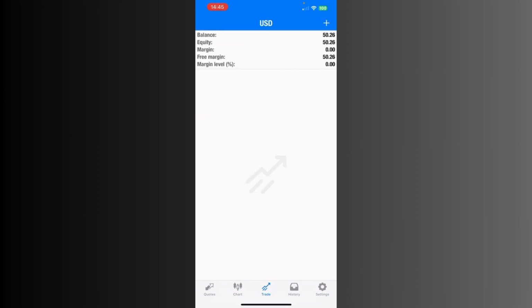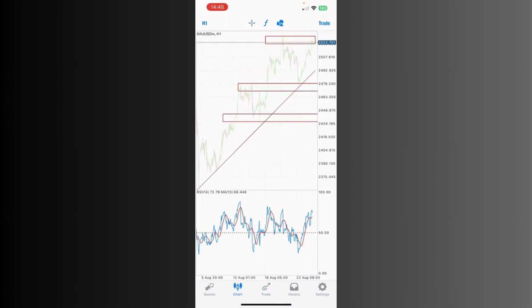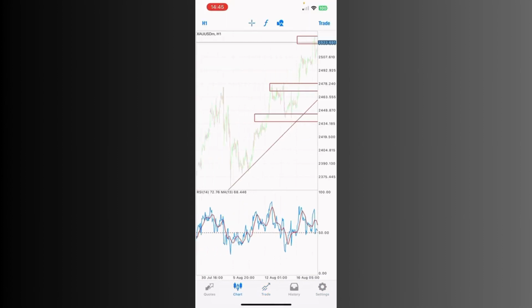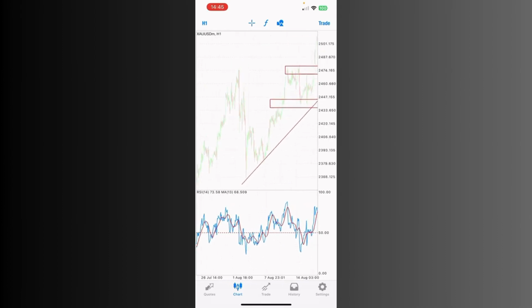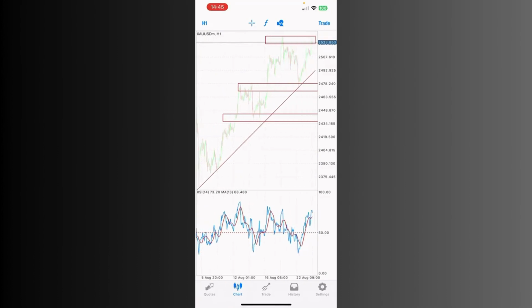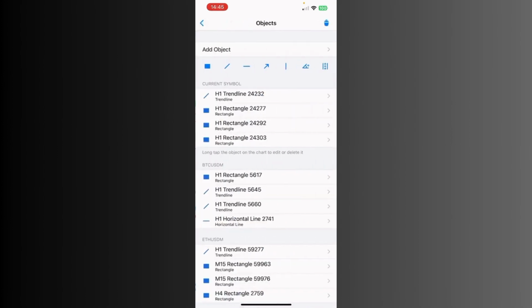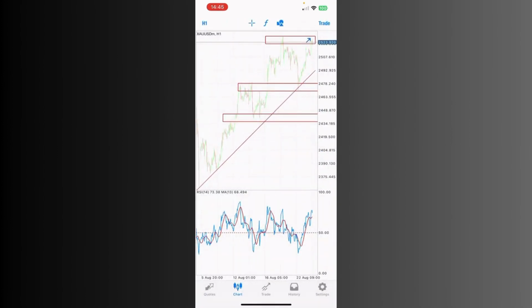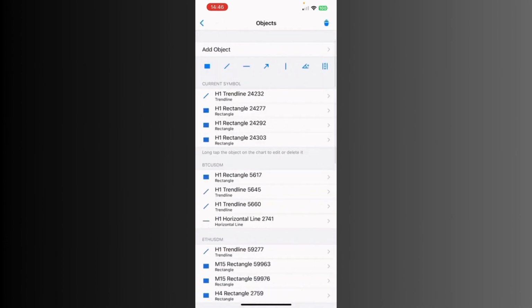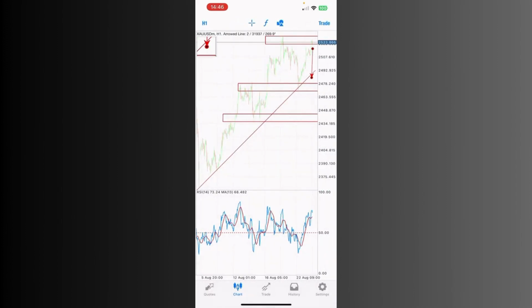So guys, now I'm on my mobile phone here. This is one of my accounts, a real account. So now let's go to the charts. This is the one-hour, with the same analysis. You just try to draw your trend line. This is the same setup, the same explanation I did on my PC. Now you see at this particular level, we have our resistance at the top.